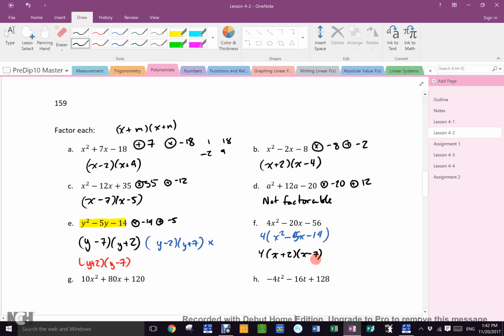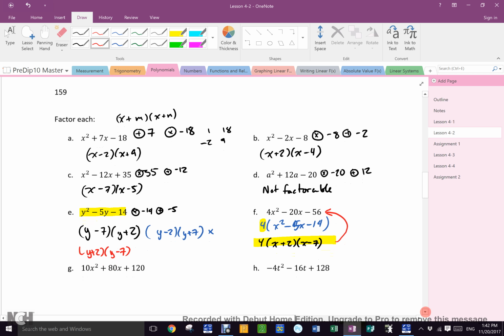The point I'm trying to make here is that you cannot forget about that 4. Because at the end of it all, you have to be able to distribute this out to get back to that, because factoring is the reverse of expansion. Okay?